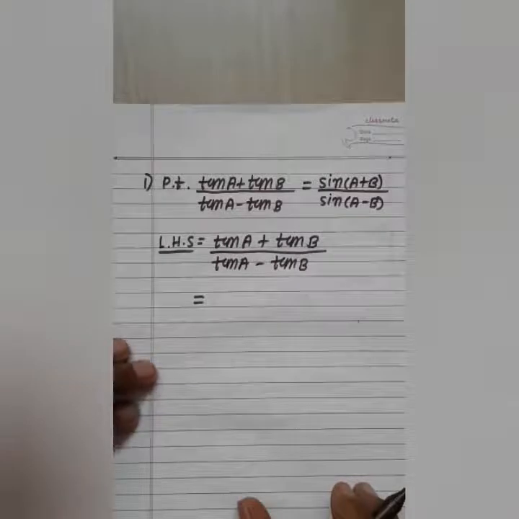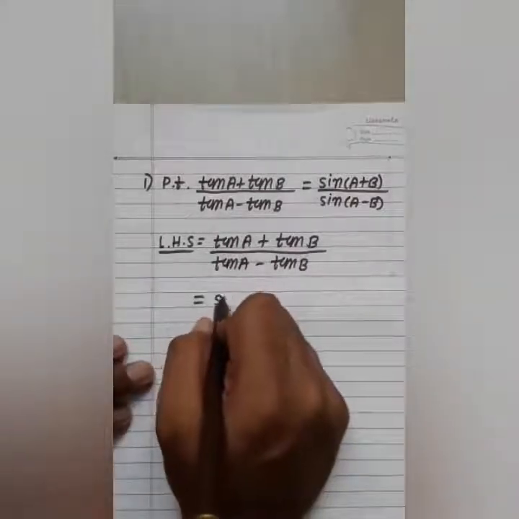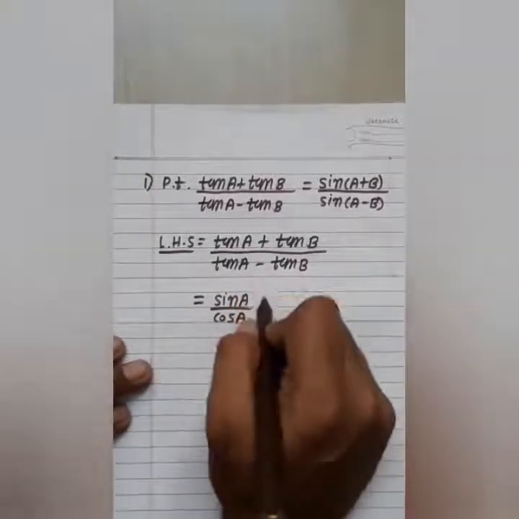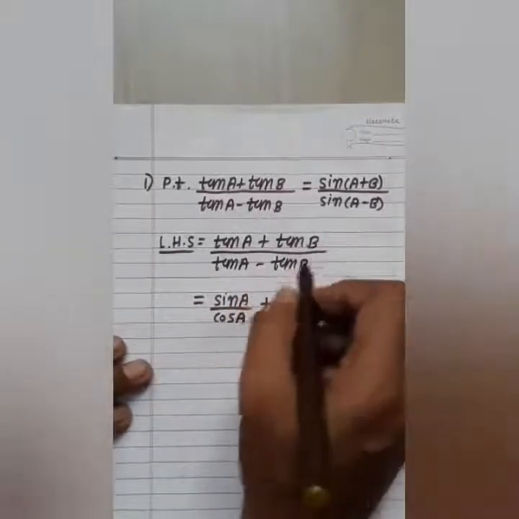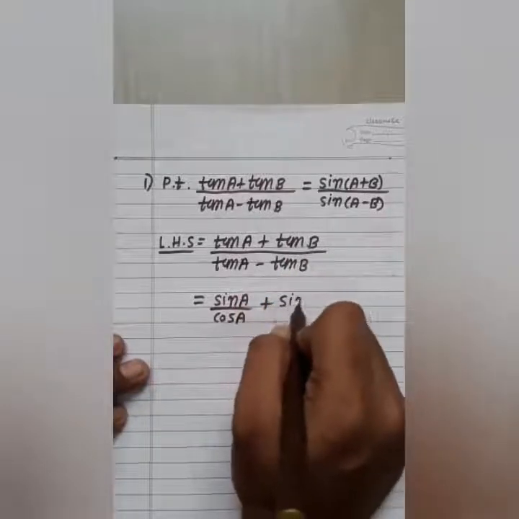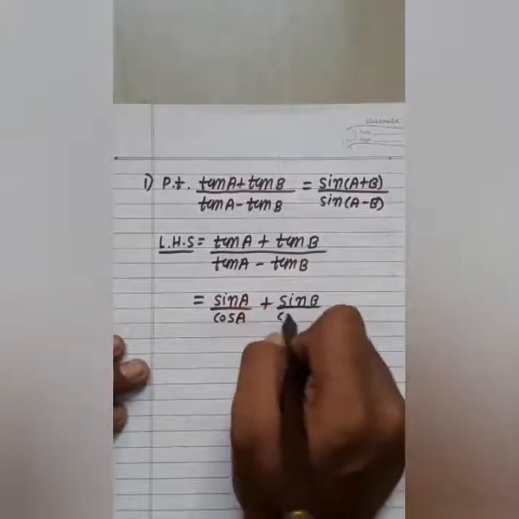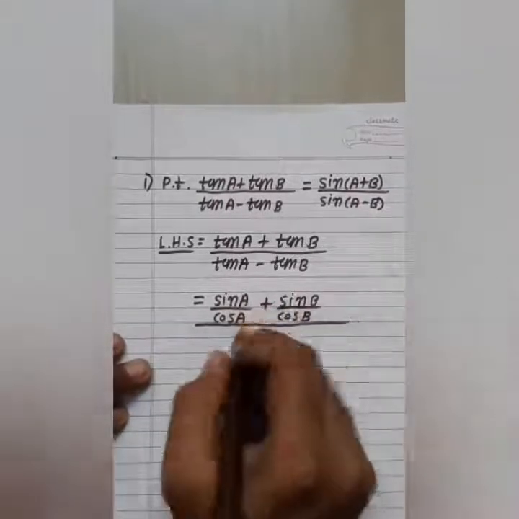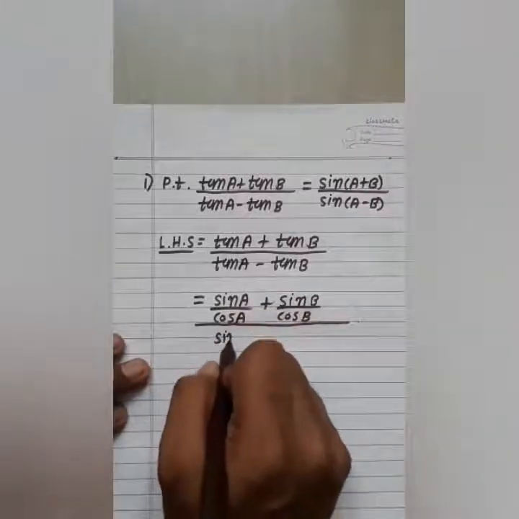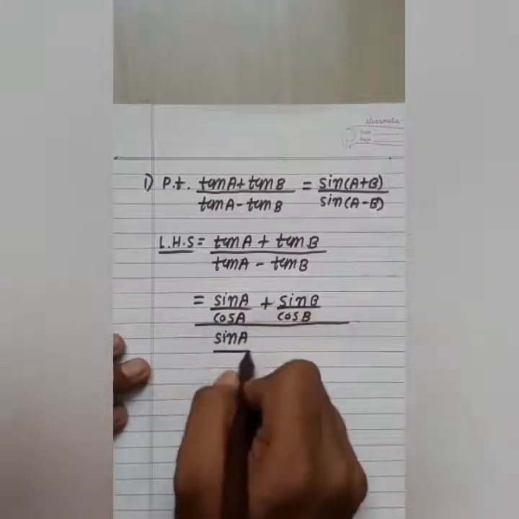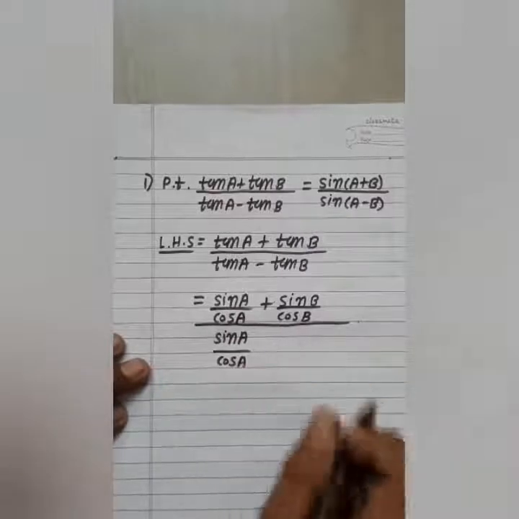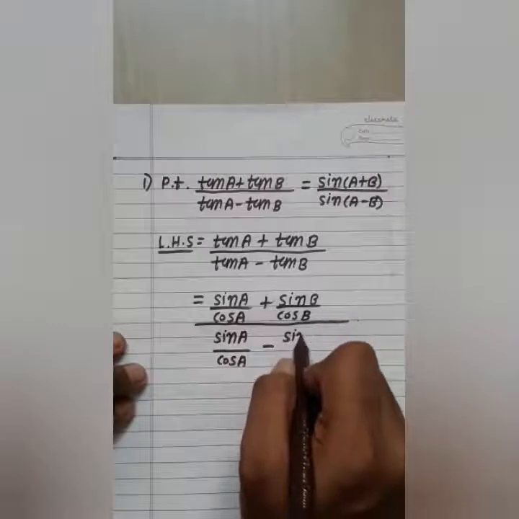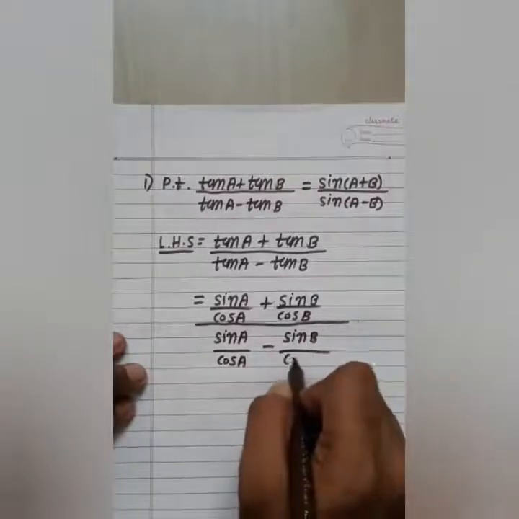So in place of tan a, we write sin a upon cos a, and the same for tan b, we write sin b upon cos b. In the denominator, we apply the same formula: tan a, in place of it write sin a upon cos a, minus tan b, in place of it write sin b upon cos b.